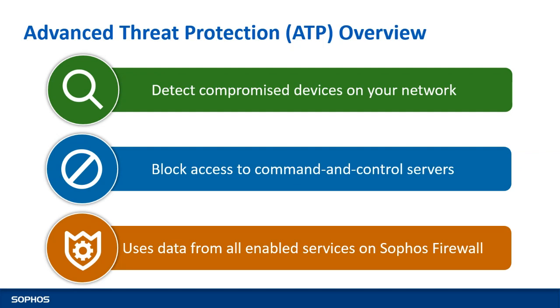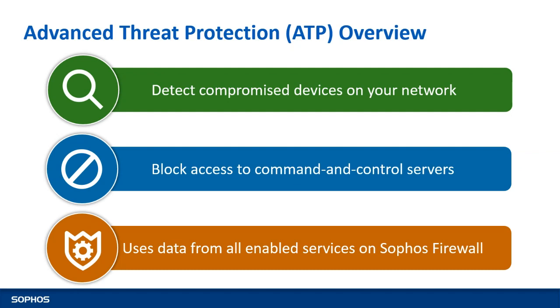Here you can see the main features that ATP has. This is really important: detect compromised devices on your network, block access to command and control servers, and use data from enabled services on the Sophos Firewall.